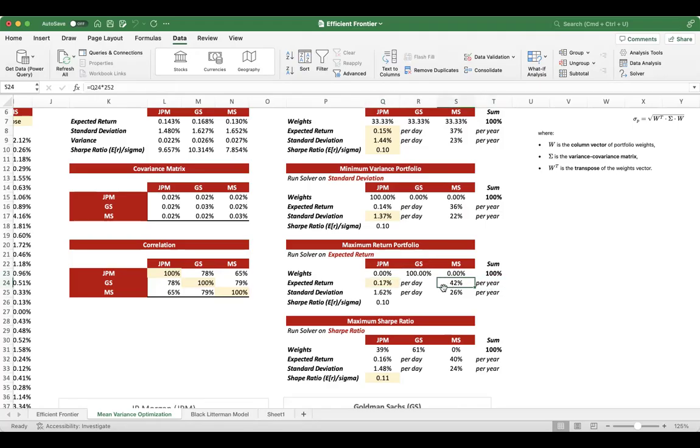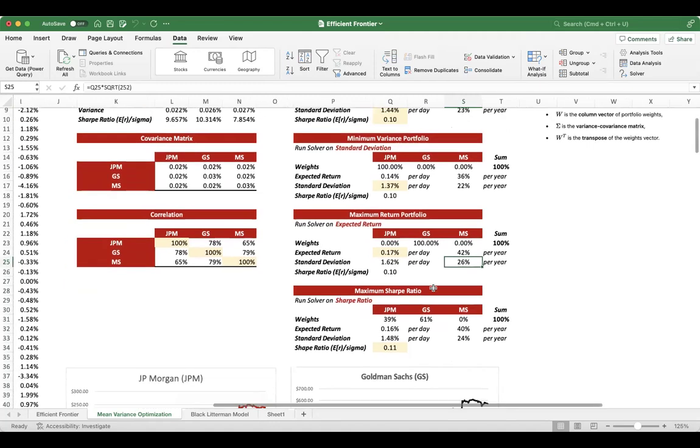But the risk has also significantly increased. The lowest risk was 1.37, but in this case the highest risk is 1.62. So the movement of the stock is almost 26%, and the portfolio is really volatile in this case.